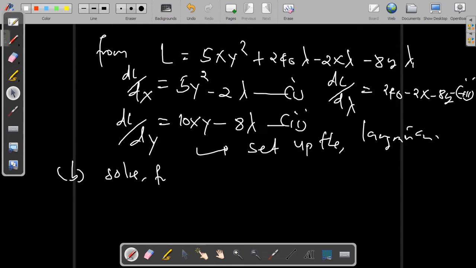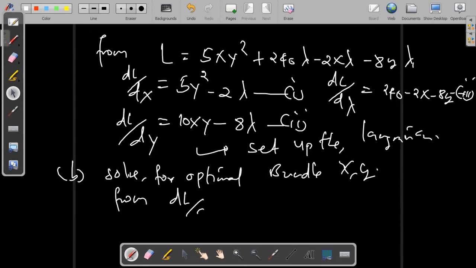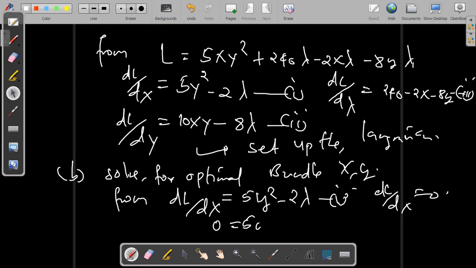Now we consider part B, whereby we solve for the optimal bundle, the quantity of x and the quantity of y. We take the first equation, dL over dx, which is 5y² minus 2 lambda. That is equation 1. We equate dL over dx to 0, then make lambda the subject. So 0 is equal to 5y² minus 2 lambda.